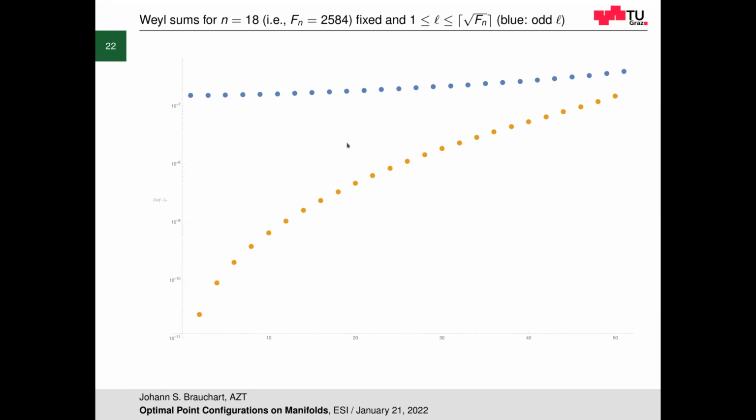Of course, we don't have spherical designs here, but this seems to show that we get rather small values for the Weyl sums for the range of the degree of the polynomials between 1 and the square root of the number of points. So this is the numerical picture I have in my head if I think about Weyl sums.